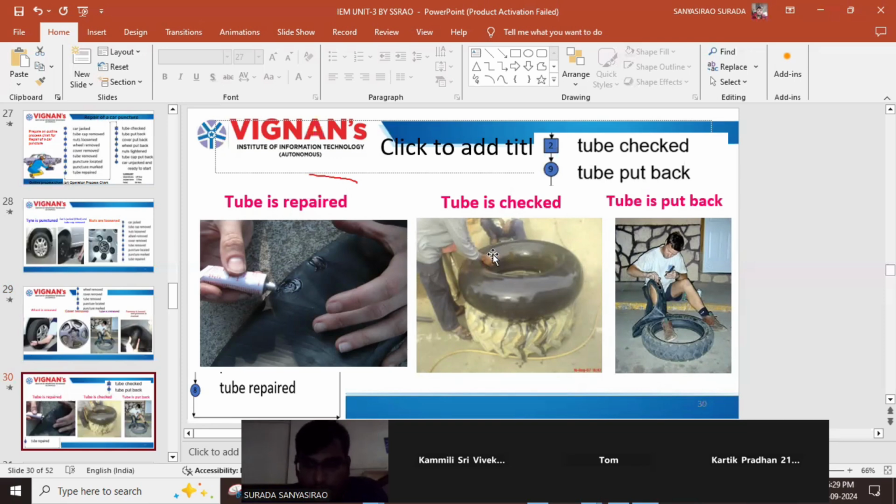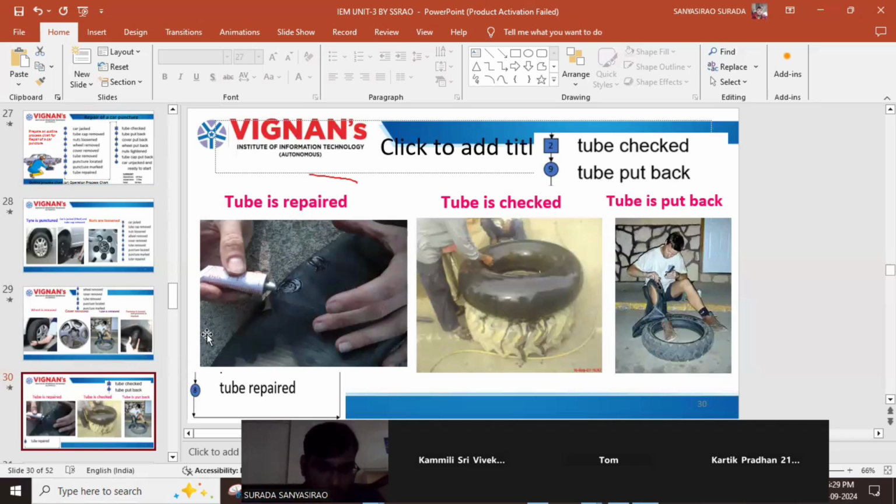So they have to check the tube. After then, again tube is put back. They have to put the tube into the tire. See, here tube checking means inspection. It's the second inspection. After then, tube put back is one more operation. Here tube repaired means repairing the tube, one more operation.